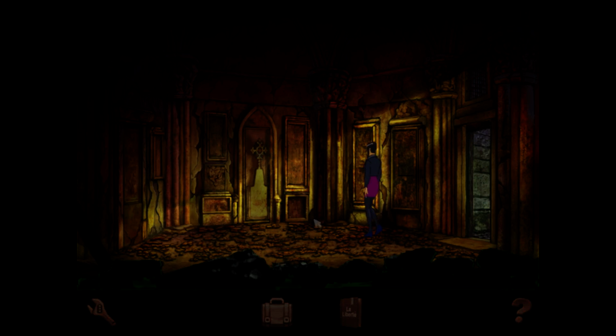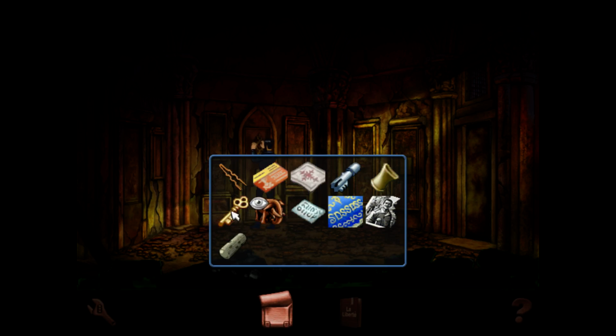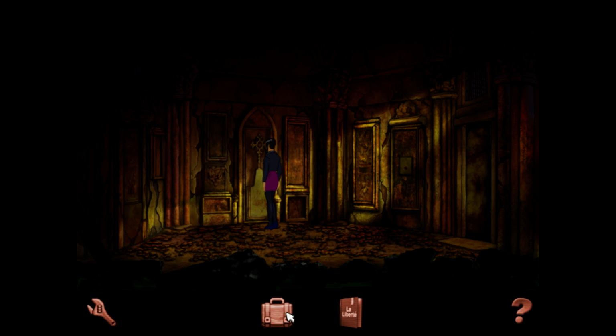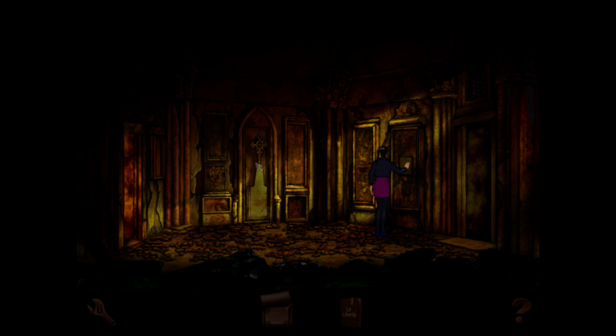So, we're kind of back to square one. We've got to get back into the room on the left and find the right item that we needed to open the painting. And I thought it might be this round cylinder, but you can't get the round cylinder. You can't pull that out.